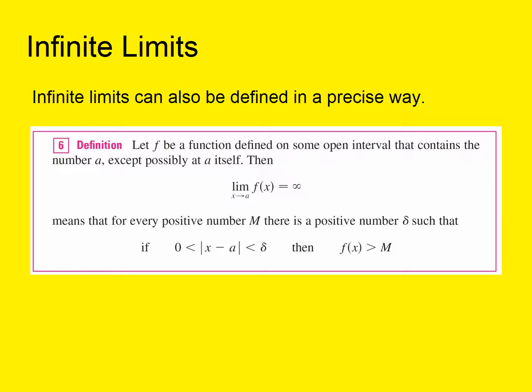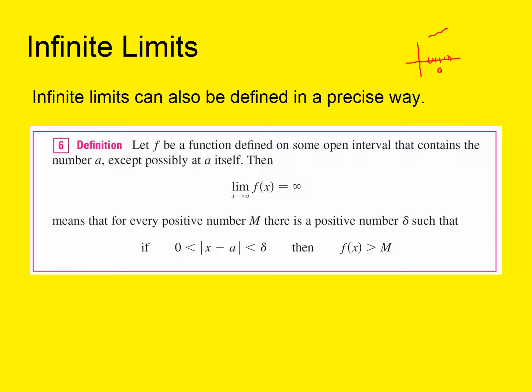Let f be a function defined on some open interval that contains the number a. So we always picture a, and there's an open interval about a, everywhere here except maybe at a itself possibly, and the function is defined there.